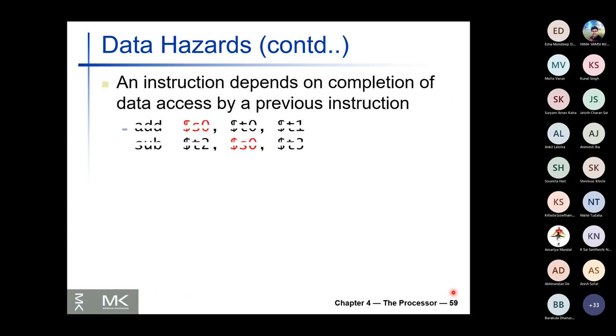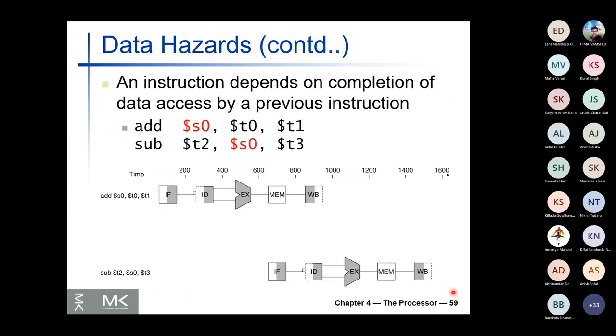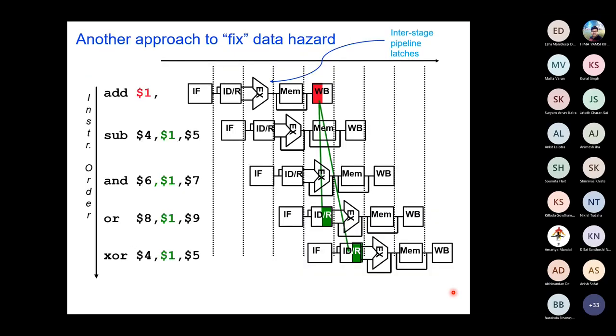And the most important thing is to do some kind of, okay, let me just skip this slide and I'll show you. Okay, so this is what I'm going to discuss. The same example: this is the destination here, and the next instruction has the source here. One possibility is to just push them, insert a bubble or stall.